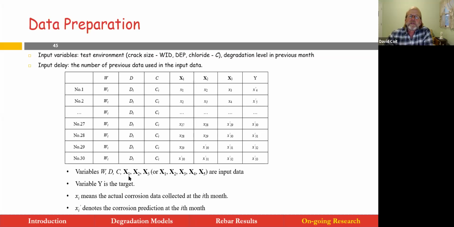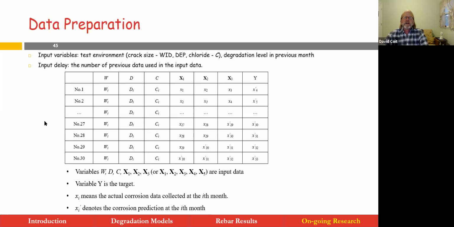We have the data, and our machine learning algorithms are going to be based on these covariates. Here we see in the table depth, width, which we can multiply to get area, and chloride level C. And here we're going to use the previous months to predict the future months, either the previous 3 months of data or the previous 5 months.